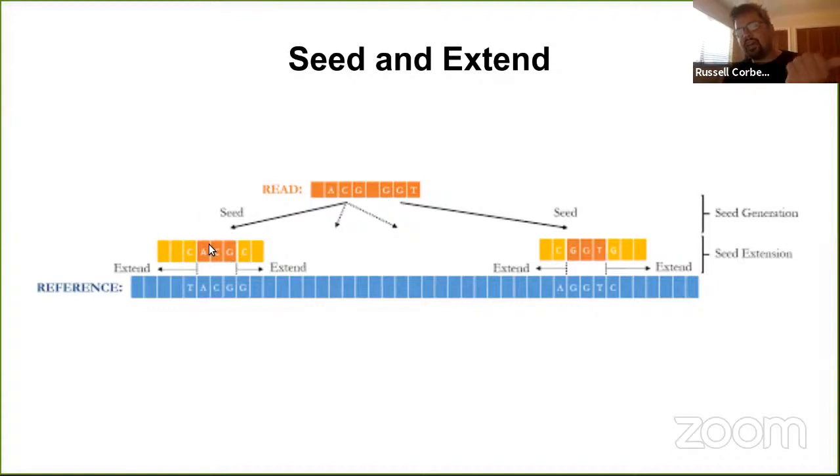Now we're going to try to extend the alignment, and BWA uses BLAST-like rules. There are a few ways you can do this, but usually you have some penalty matrix and you do a Burrows-Wheeler alignment to the edges.